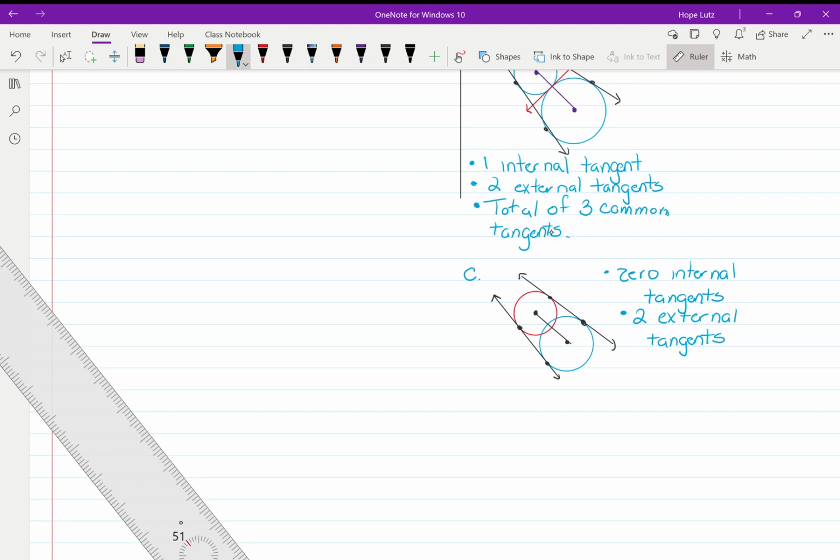So this is going to give us a total of 2 common tangents. So not very hard.